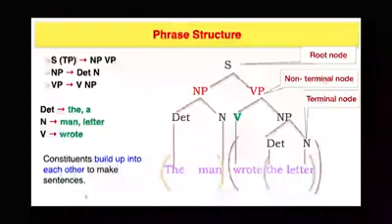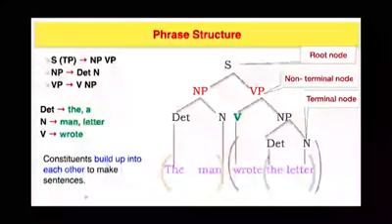And the last nodes where we end up are called terminal nodes, which means that if we take the example of the man, these are two terminal nodes, which constitute one set, which constitute one constituent.